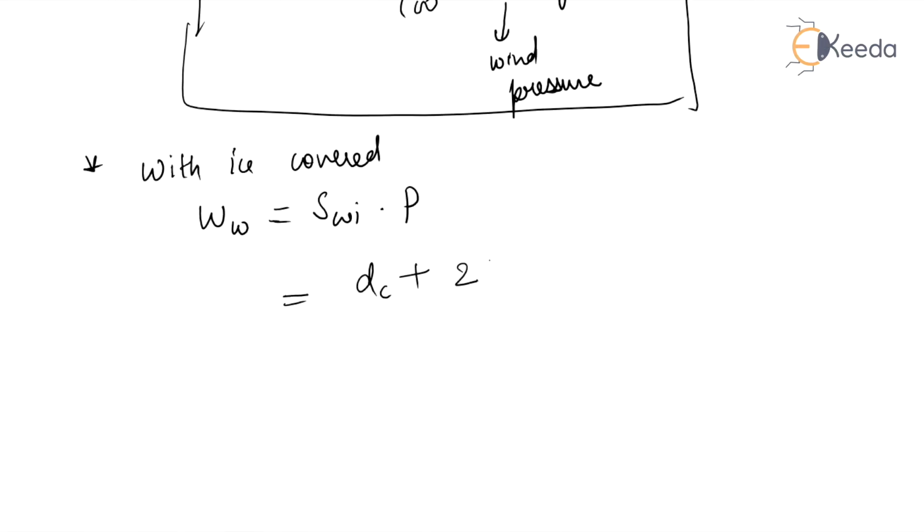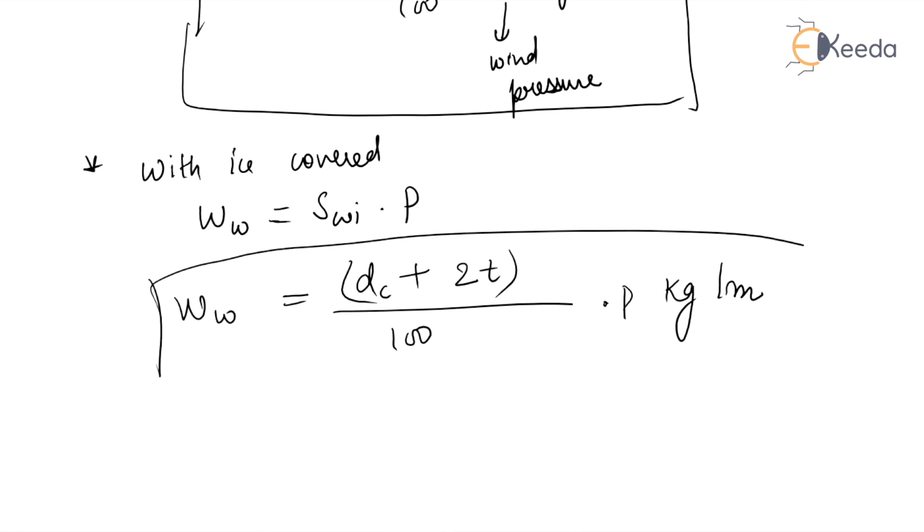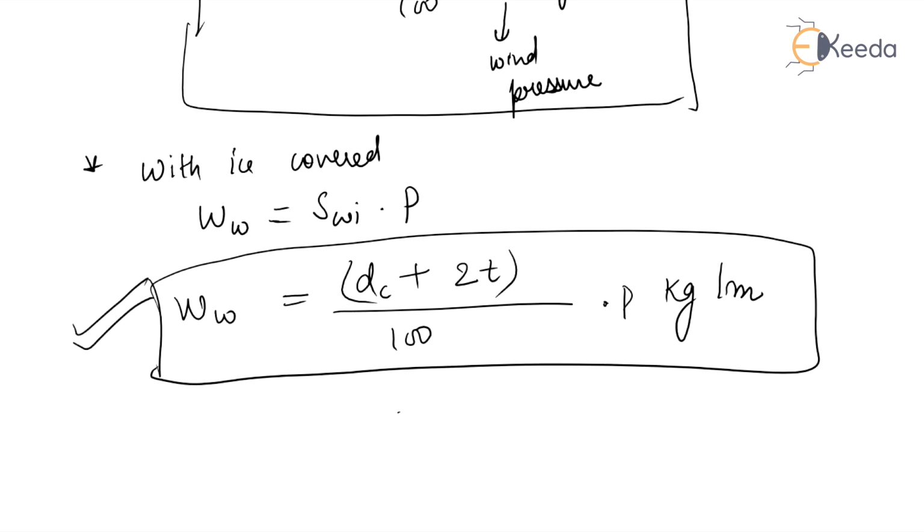So it is (DC plus 2T) upon 100 into P kg per meter. This is with ice, the horizontal force exerted on the line as a result of the pressure of wind with ice, where P is the wind pressure.